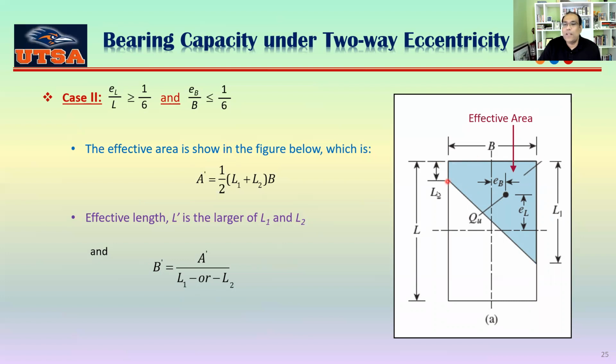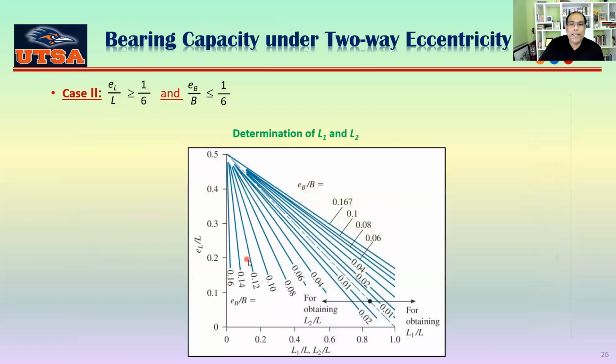That's (L1 plus L2) divided by 2 multiplied by B. That's your effective area. Now your effective length L prime is the larger of L1 and L2, and your B prime would be A prime divided by L prime. So L prime could be L1 or L2, whichever is bigger.